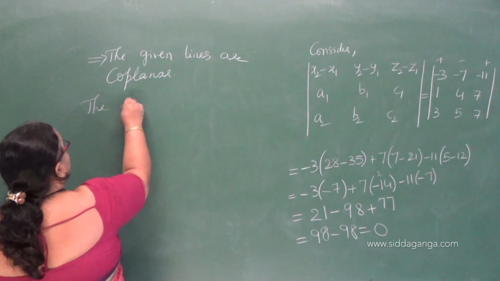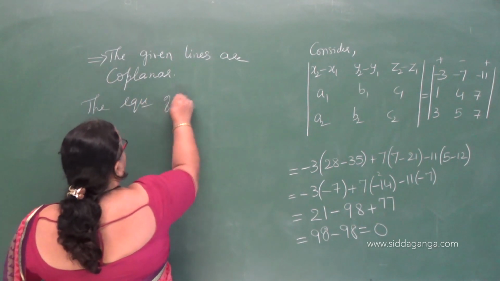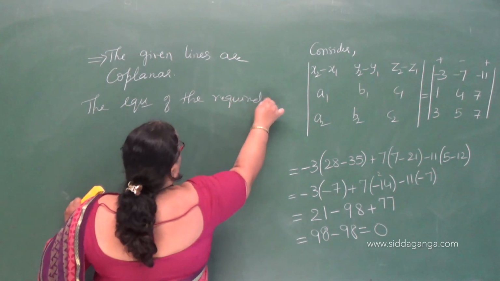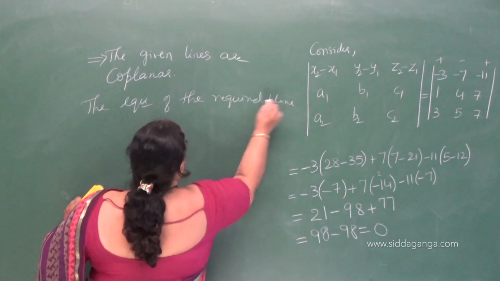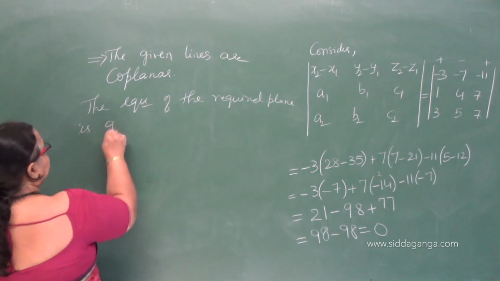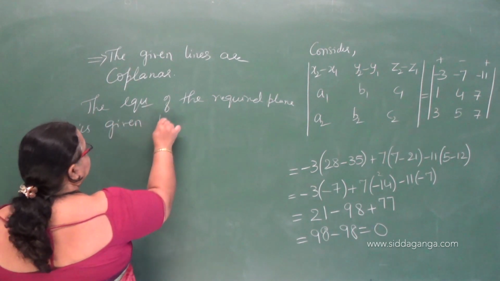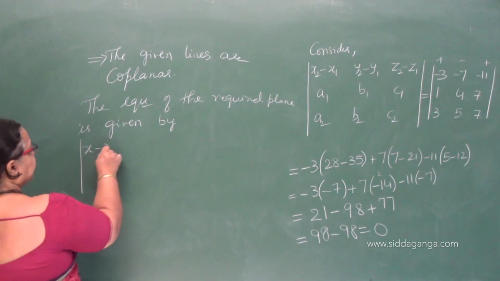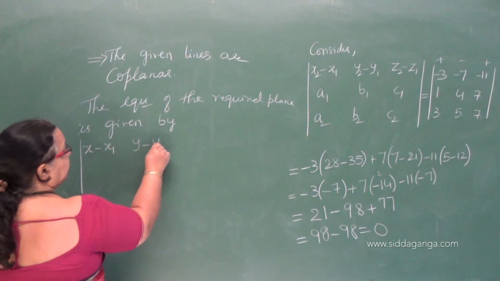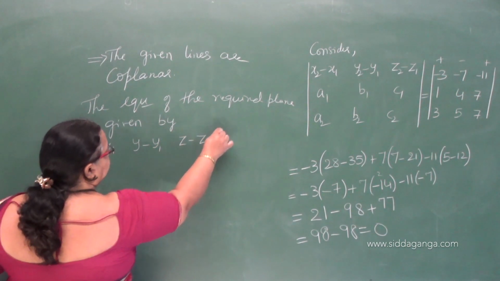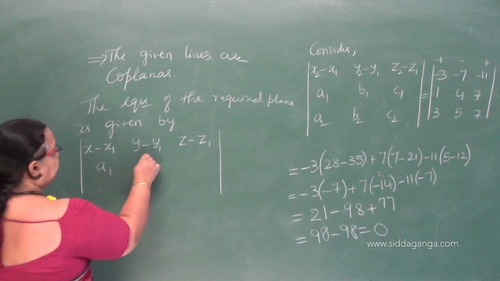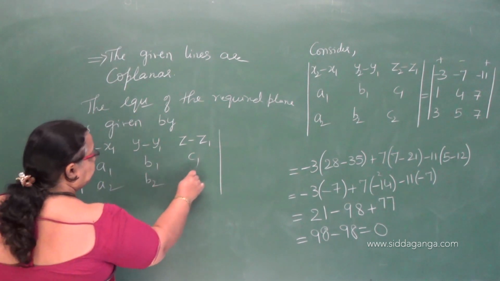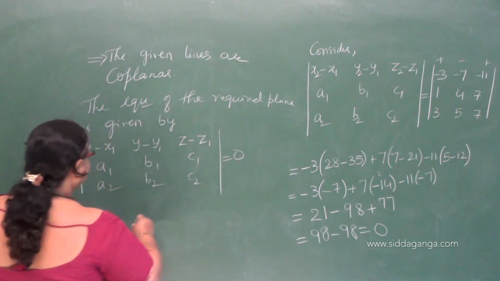Next part, the equation of the required plane is given by determinant x minus x1, y minus y1, z minus z1, a1, b1, c1, a2, b2, c2 equal to 0.